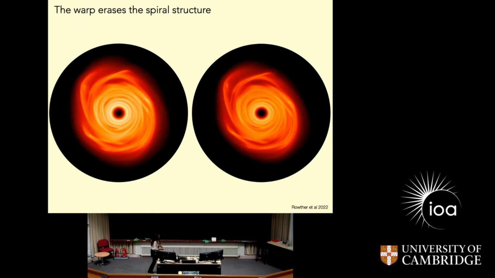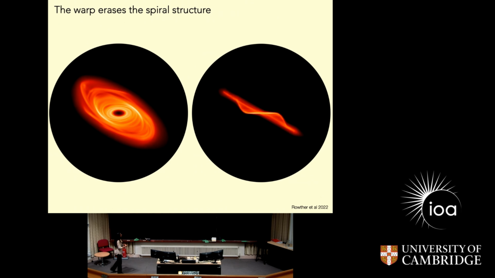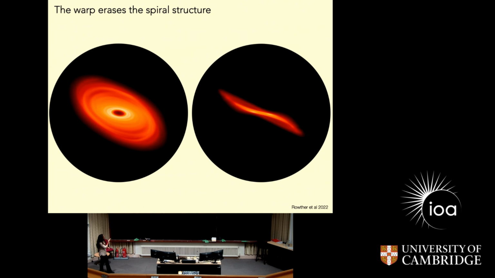So as we evolve these disks, we start off with the spiral structure at the very beginning. Over time you see that that spiral structure actually disappears. The warp also disappears, and that's absolutely okay, because in this numerical experiment we didn't sustain the warp, we just left it to do its thing and see what actually happens.